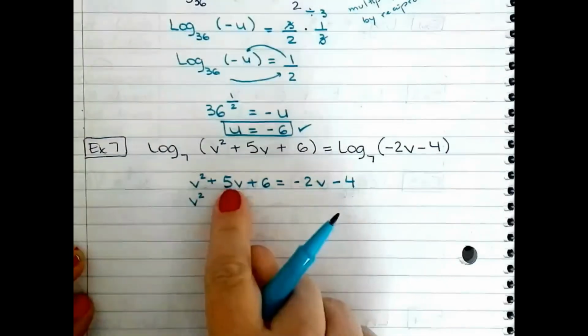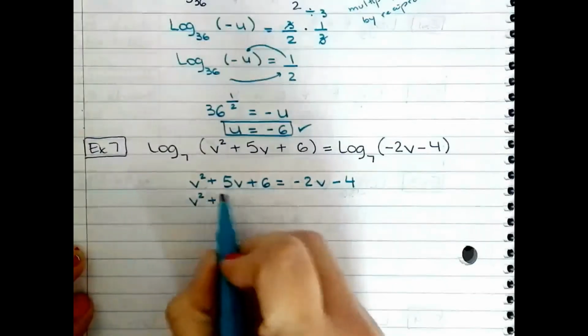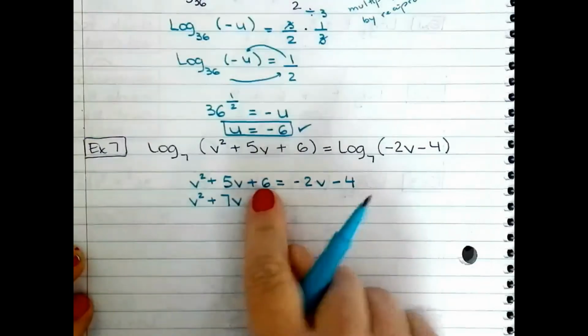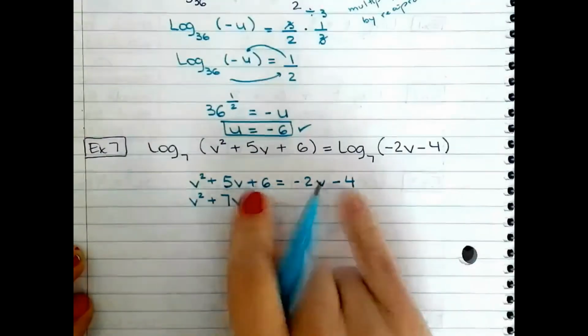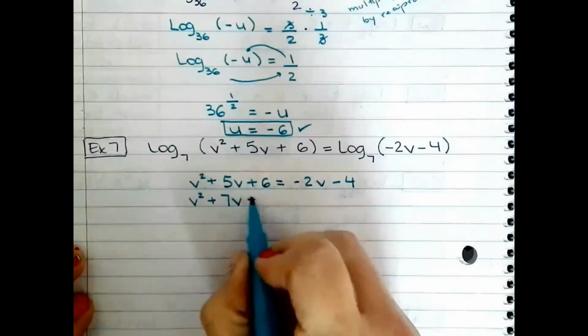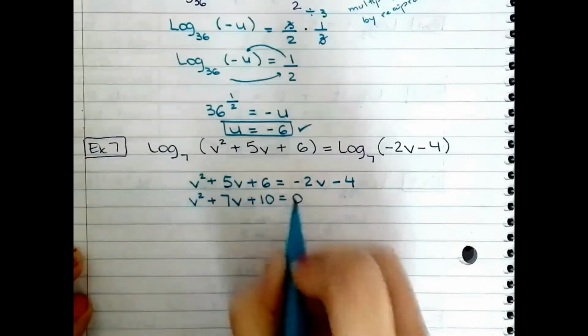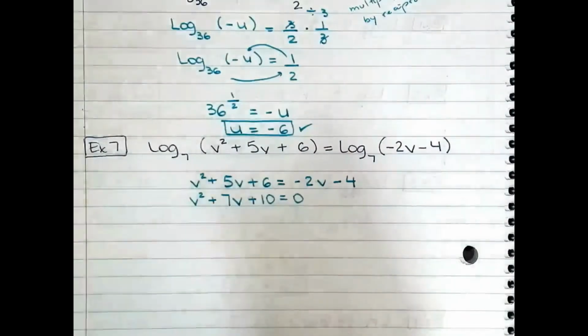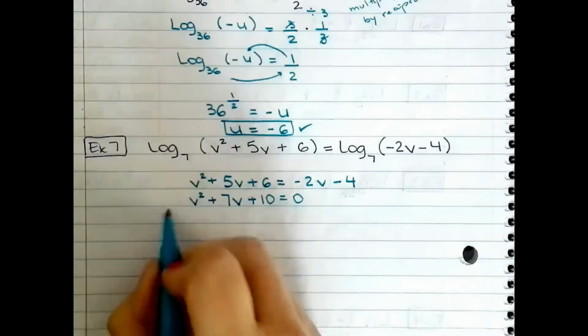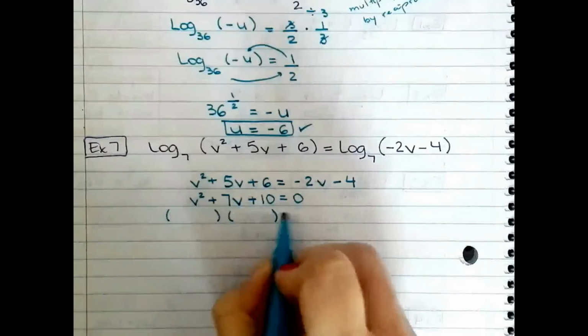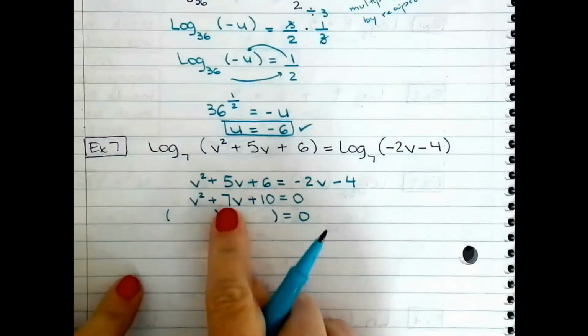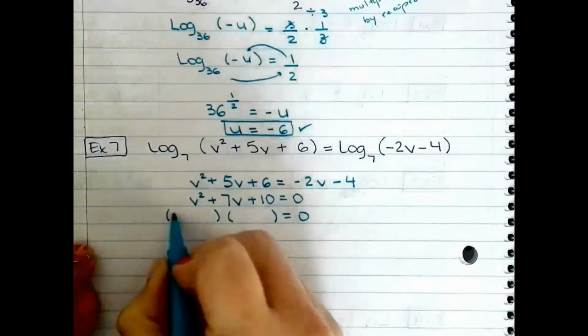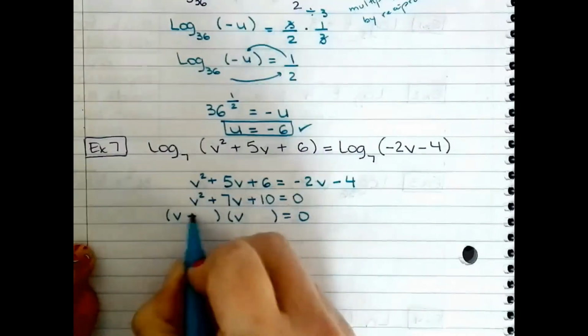2v plus 5v is 7v. 6 plus 4 is 10. That equals 0. I will solve this by factoring. So two numbers that multiply to 10 and add up to 7: I have 2 and 5.